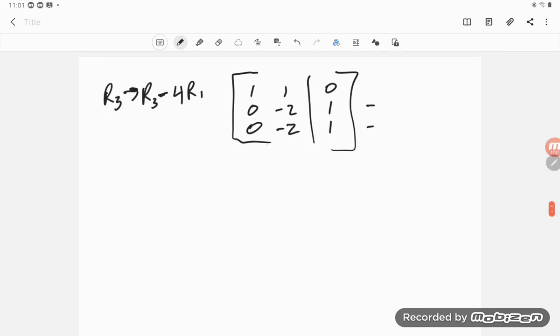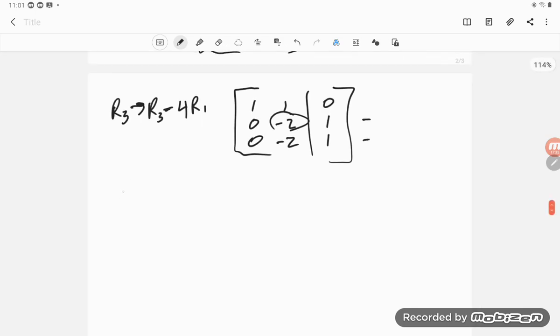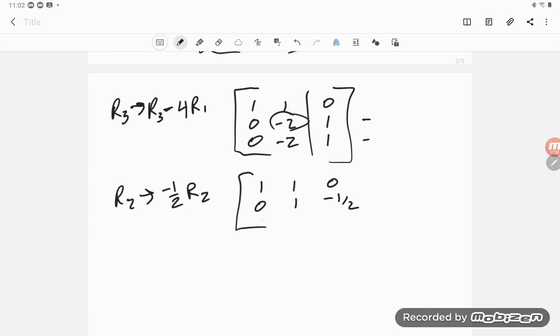All right, so the next thing I want to do is turn that negative 2 there into a 1 to get my reduced row echelon form. And so row 2 becomes negative 1/2 times row 2. And so I have 1, 1, 0, 0, 1, negative 1/2, and 0, negative 2, and 1.